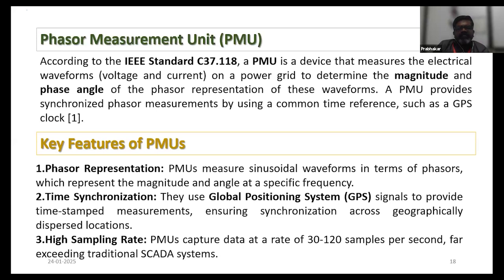This high sampling rate is a very important issue when compared to the traditional SCADA system. You can get 30 to 120 samples per second. Just think of per hour and per day. Using this, you can play with the data and do a lot of studies.